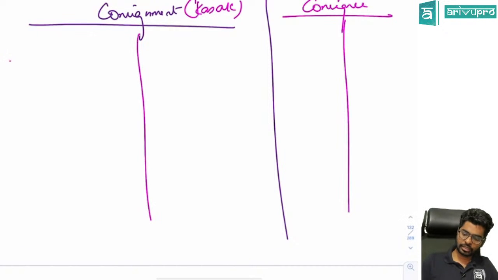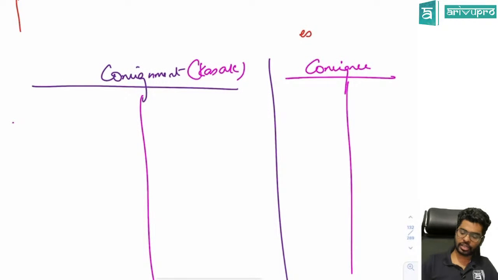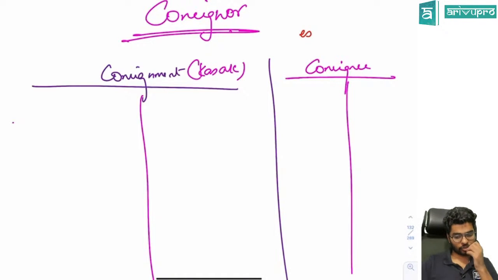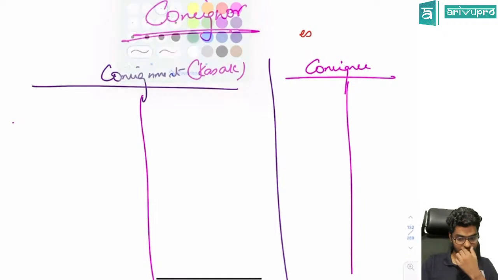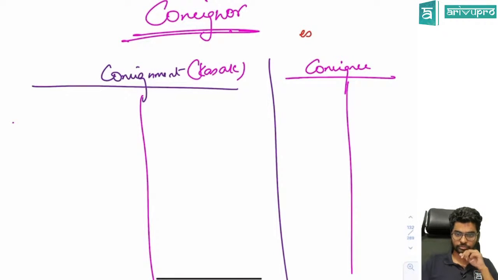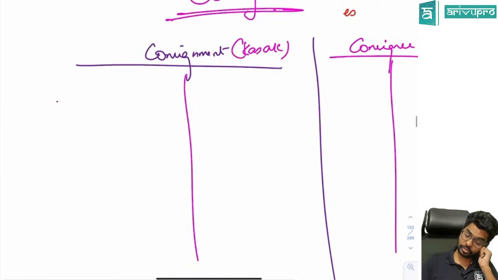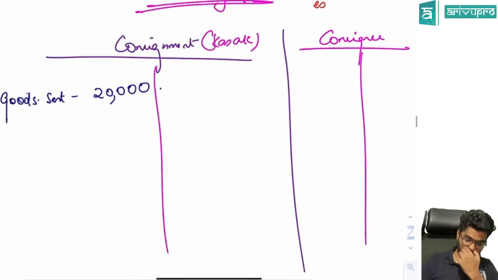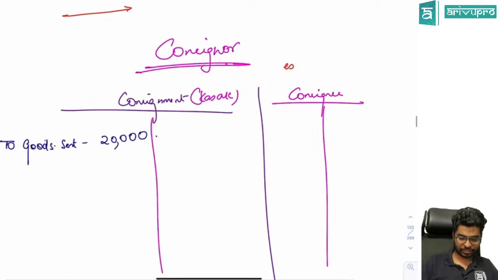Consignment account debit. Guys, please remember we are doing all the accounting in the books of the consigner. I'm randomly taking some values. Okay, first entry done.